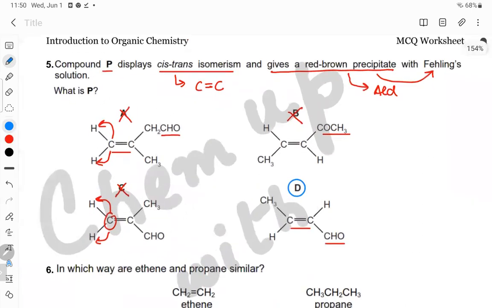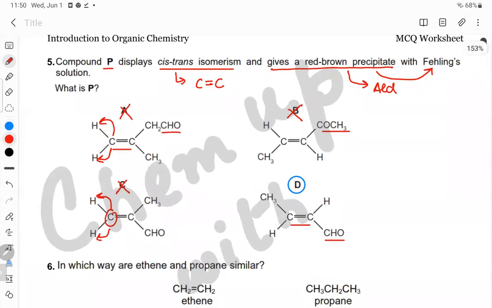Okay, A has an aldehyde, but due to two same groups, it cannot show cis-trans isomerism. That's why A is wrong. B doesn't have an aldehyde. That's why B is wrong.